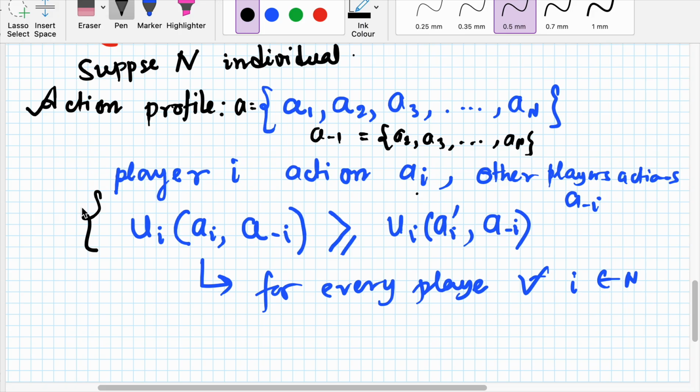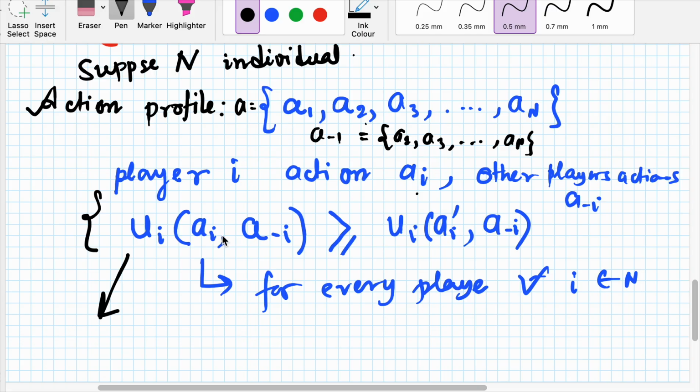So in that sense this is called the equilibrium, because in this situation, if everyone plays the choice as prescribed by this action profile, then no player i wants to change her prescribed action.